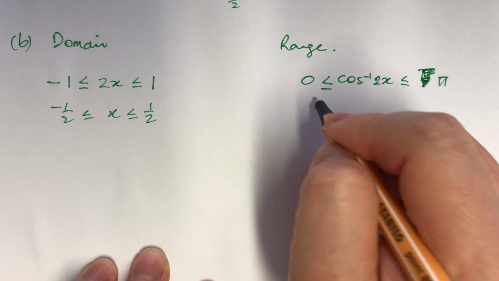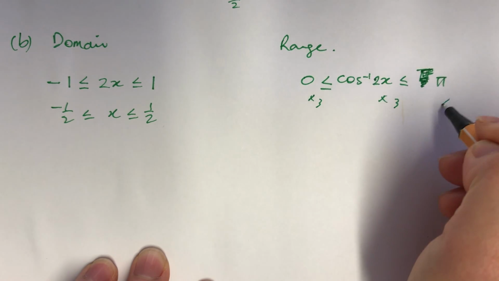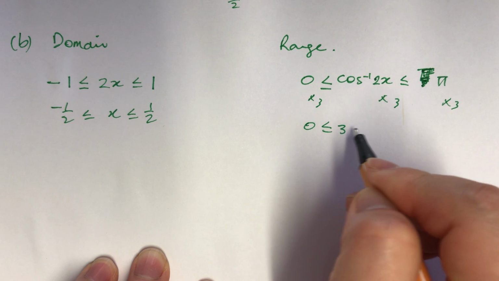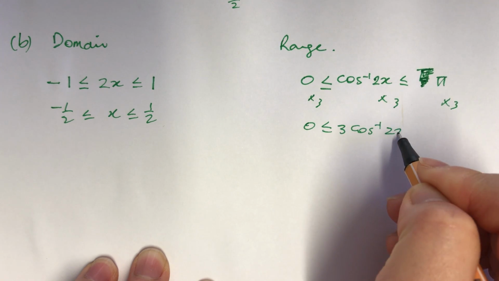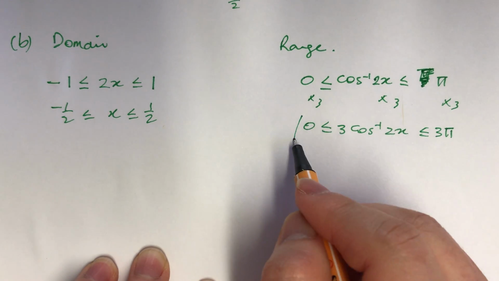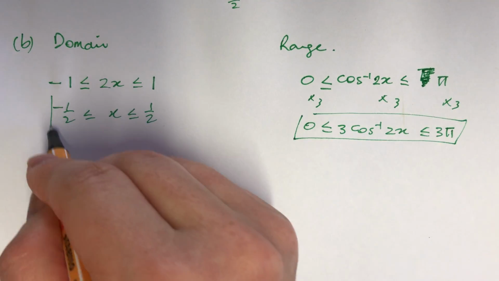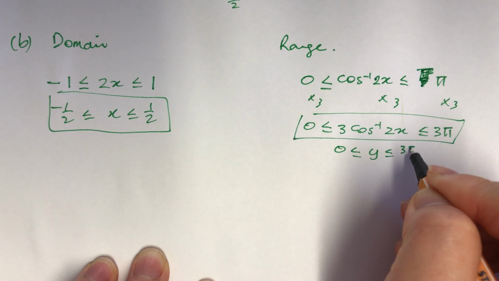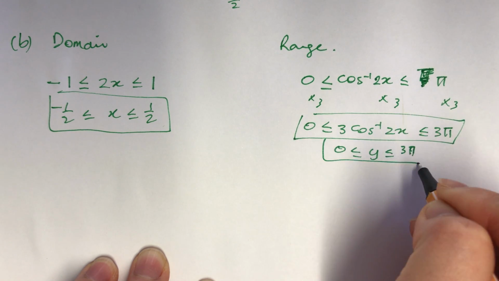And I'm times by 3, so it'll become 0 to 3 pi. All right, so that's my range, or if you want, write it a bit neater.